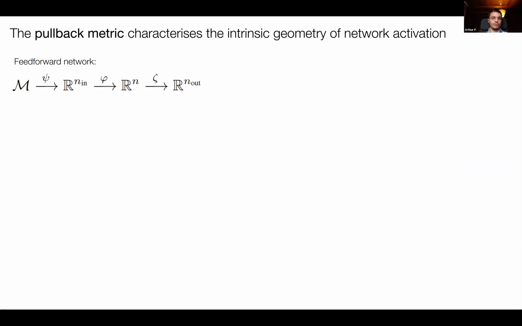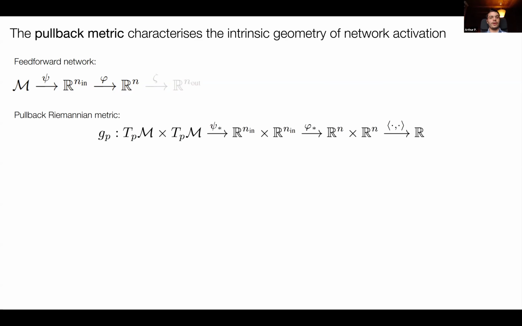And then there are two maps, the map phi that maps this input space to the hidden layer activation, and then a map eta that maps to the output of the network. And since we're only interested in the hidden layer activation, I'm going to focus on this map phi and ignore the decoder part.